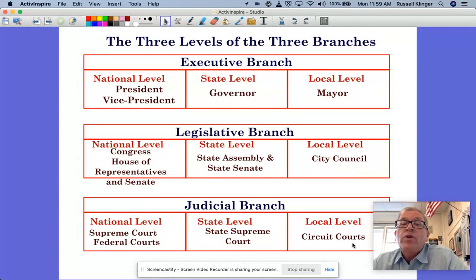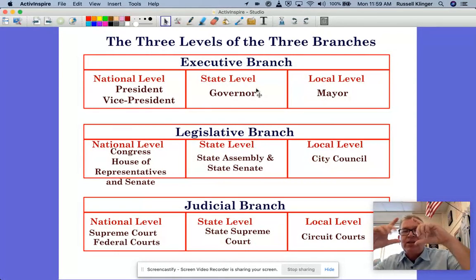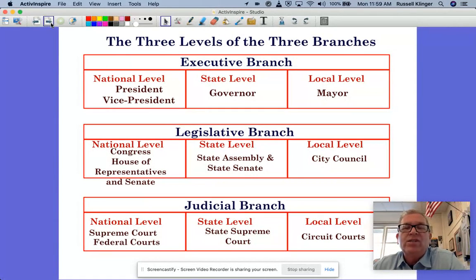And then we have circuit courts, which are sort of our versions of, it's not exactly like a Supreme Court, because the Supreme Court actually has power over the state Supreme Courts and the circuit courts. But you kind of get the idea that there are positions within government that it's like a cake effect or a tiered effect. Okay. So just think about that and really stop this video and look at this slide so that you can see how it's broken down all the way down here to the grassroots, on the streets of San Mateo, for example.